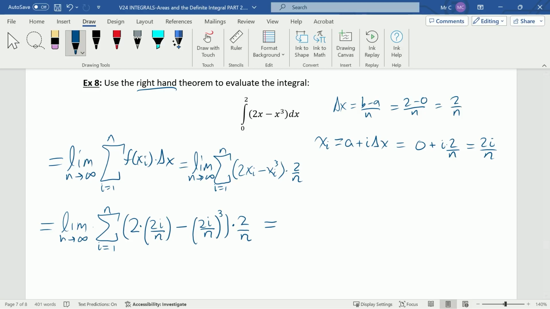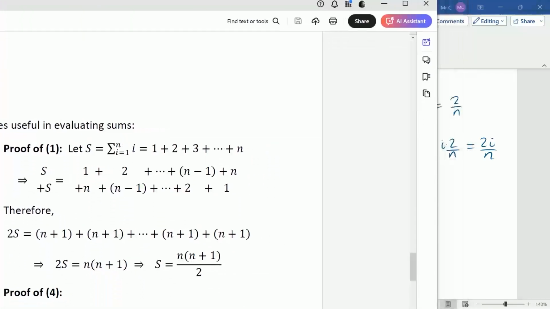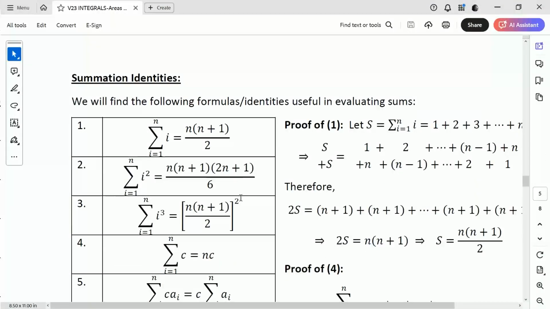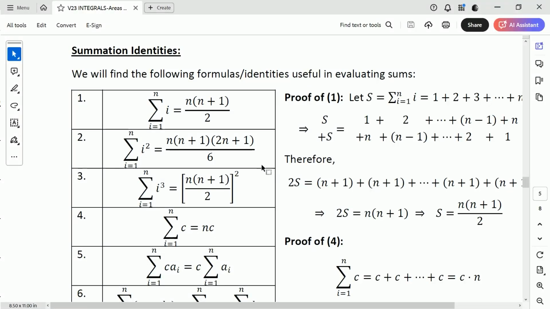Okay, now we have to think about, okay, what's the goal here? So real quick, I'm just going to pull up the notes from our last video just to put something on screen here momentarily. Give me 1 second. And these are our summation identities from the last video.